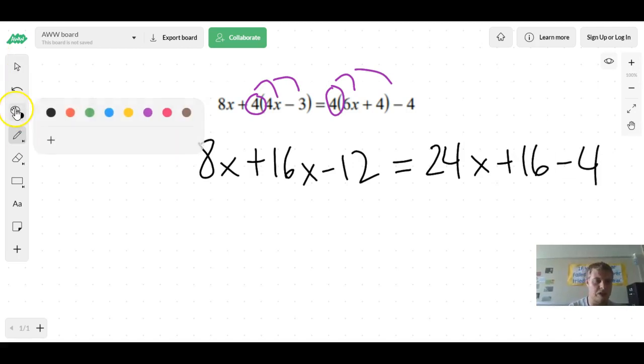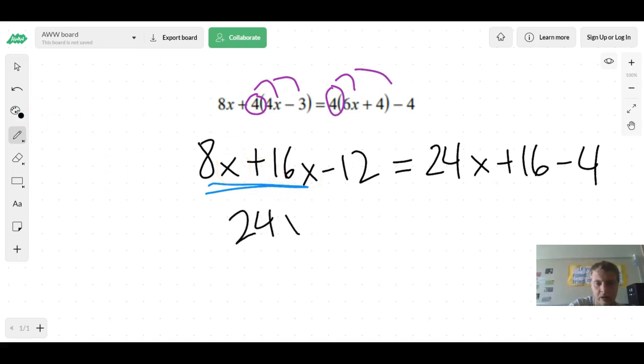Now what we're going to do is get all the x's to the same side. We already have 2 x's on the same side, so we can actually just add these. So 8x plus 16x is 24x minus 12 equals 24x.